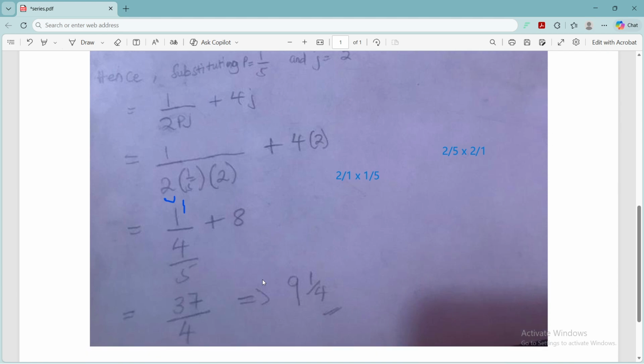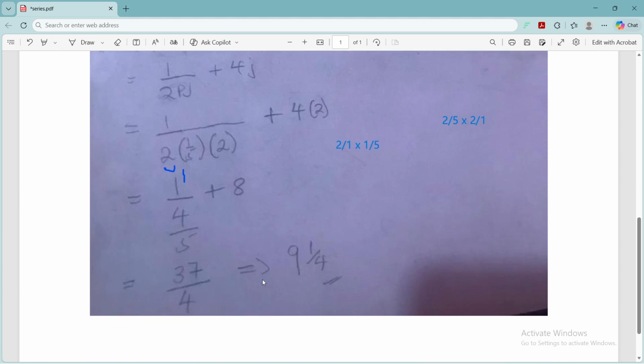So here, we are going to have 1 over 4 divided by 5 plus 8, right?